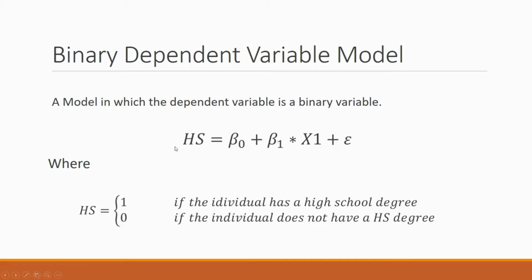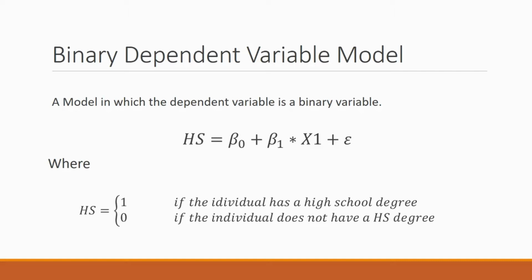But the point is that we oftentimes want to know the determinants of some binary outcome. Does someone have something or not? Does someone do something or not? It's one or the other. It's black and white. We might want to know what determines whether or not parents send their kids to school, school attendance, for example.